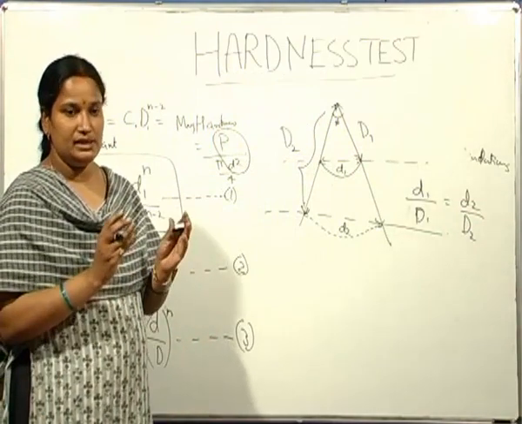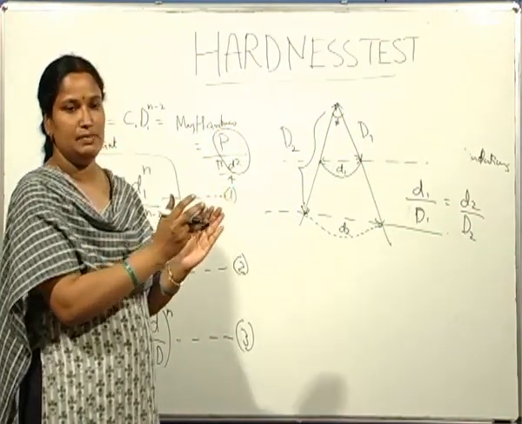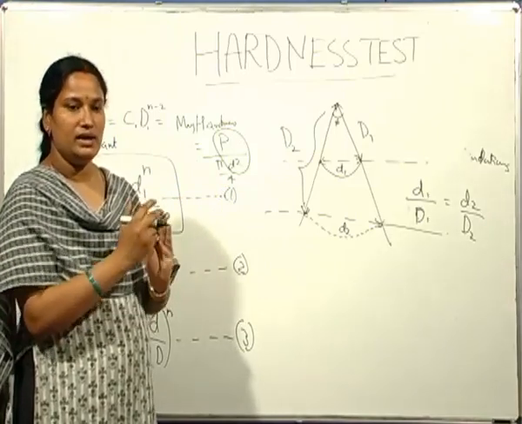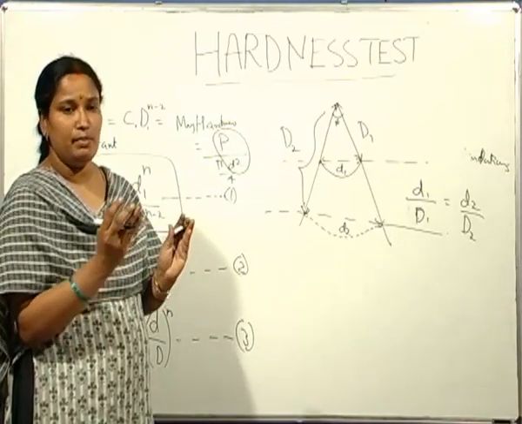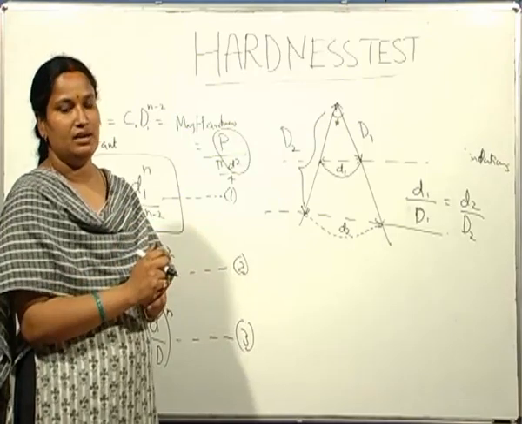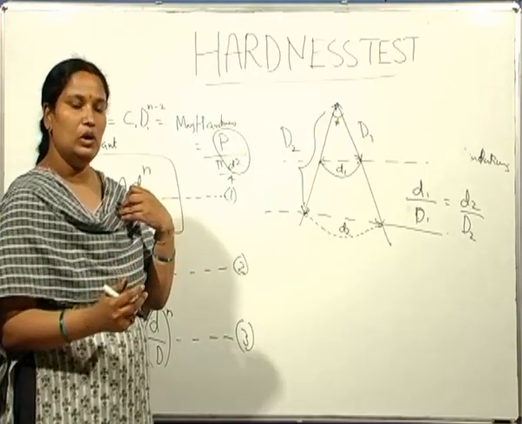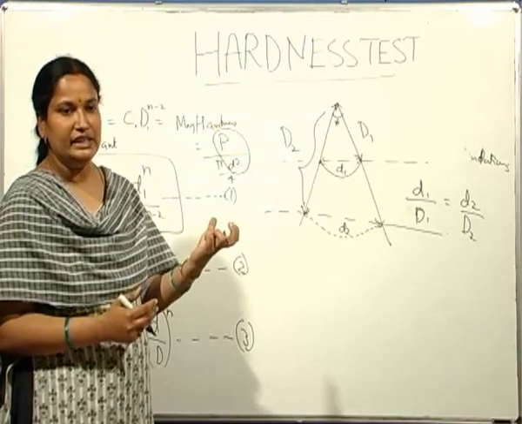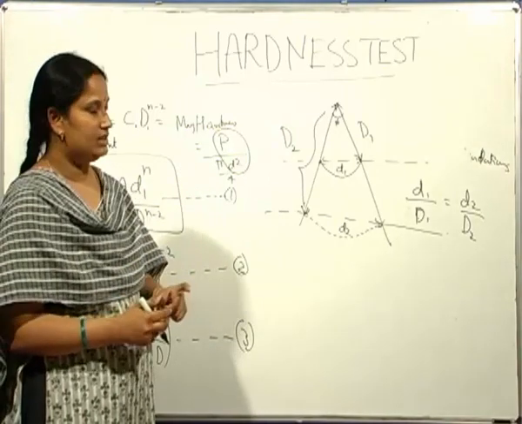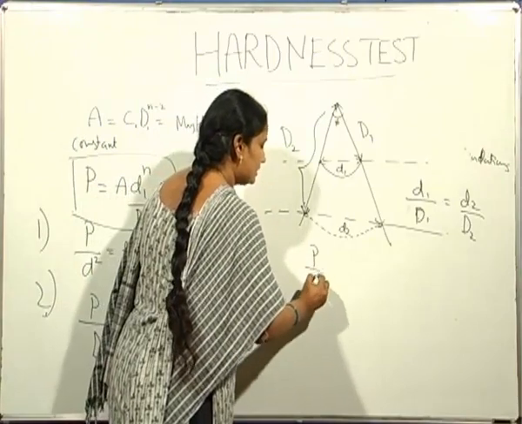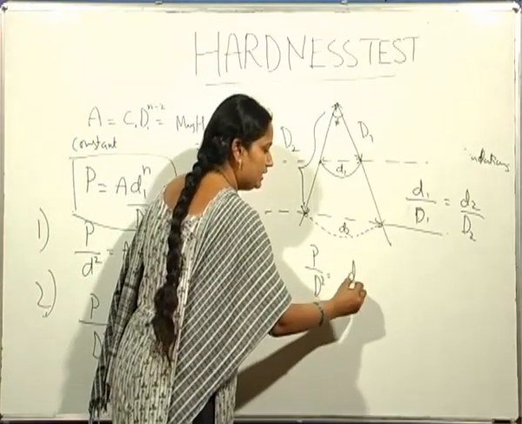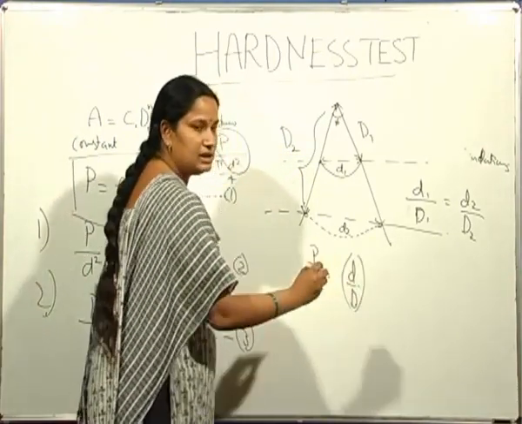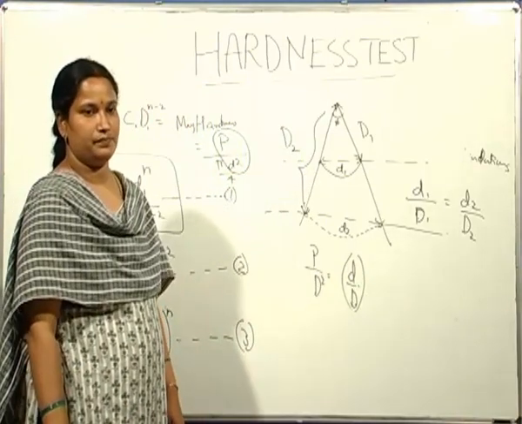So by maintaining geometrically similar indentations, one can obtain the same hardness values for a material even though the load is varying or the diameter of the indenter is varying. That is, P by D square is constant. It means by maintaining this small d by capital D as constant.